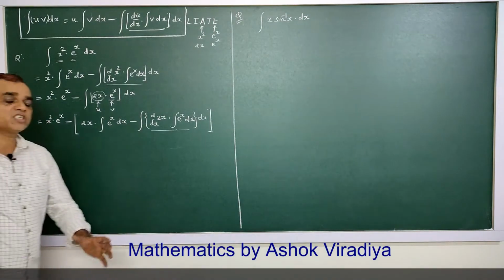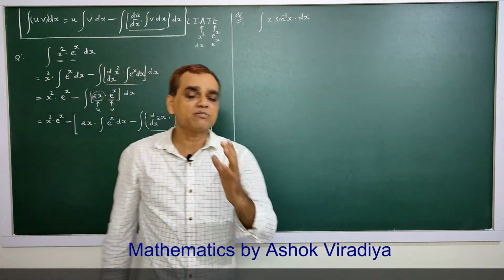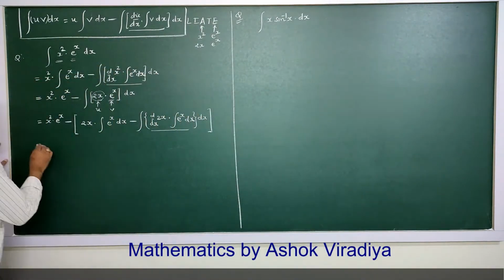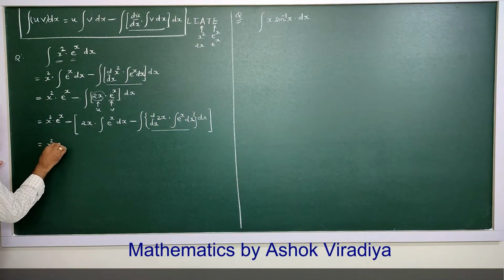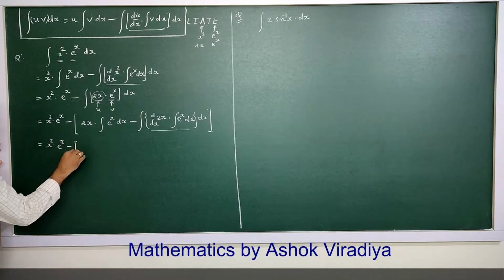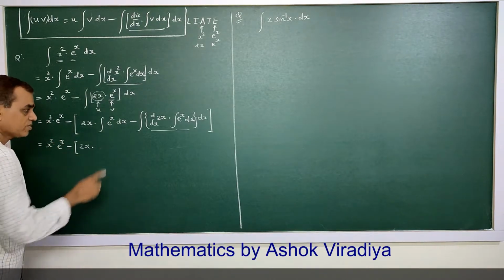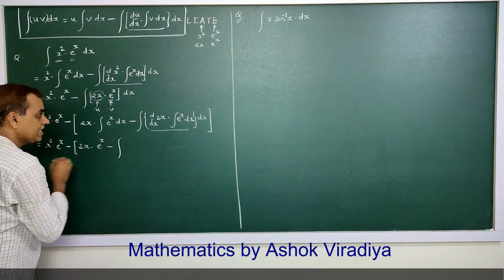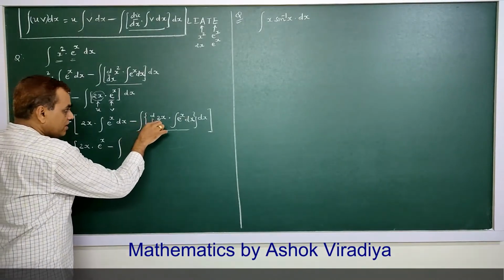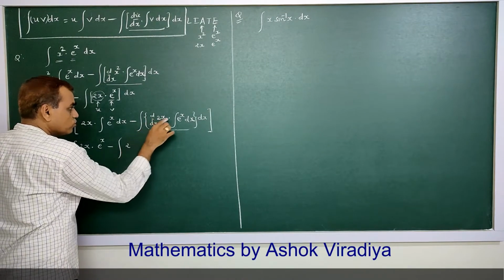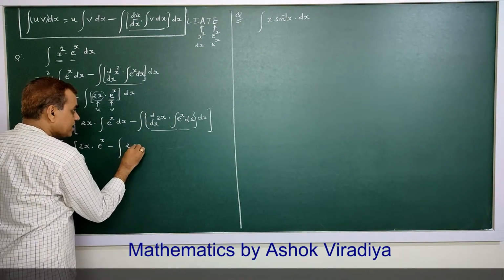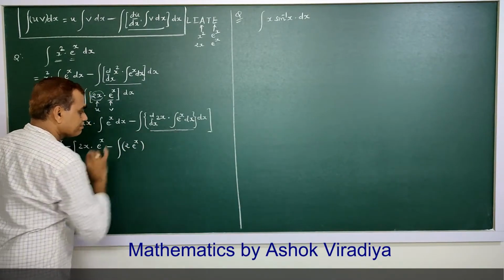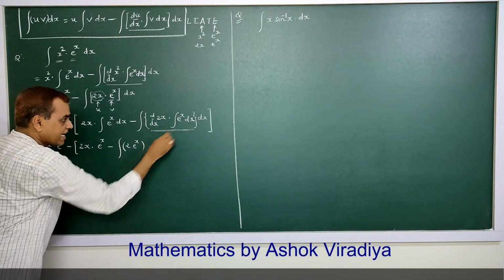So in this question, the rule of integration by parts is applied 2 times. So it is equal to x square into e raised to x minus 2x into its integral, e raised to x, minus integral of, derivative of 2x is 2, integral of e raised to x is e raised to x. This is the simple form of this bracket, and this dx.